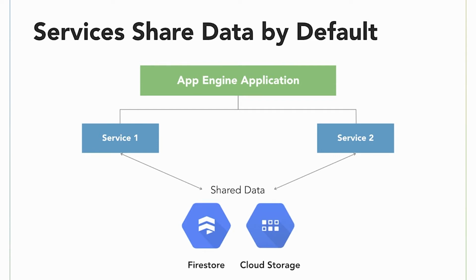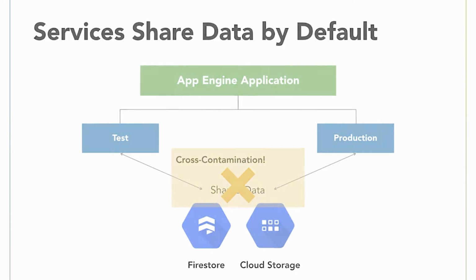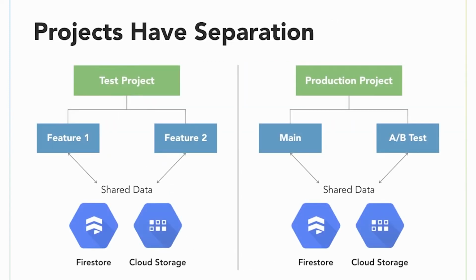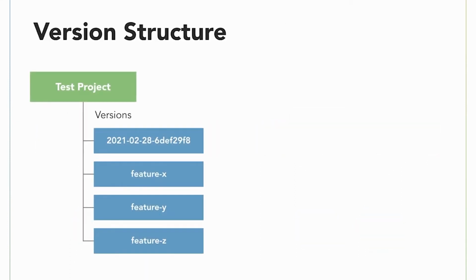For example, Firestore and Cloud Storage both share the same data to different App Engine services within the same project. This opens up the chance for testing and production code to cross-contaminate their data, which is not good. The best practice is to create a strict separation between environments, and creating separate projects is the best way to ensure the separation. So let's go ahead and check out the separate projects I've just created.